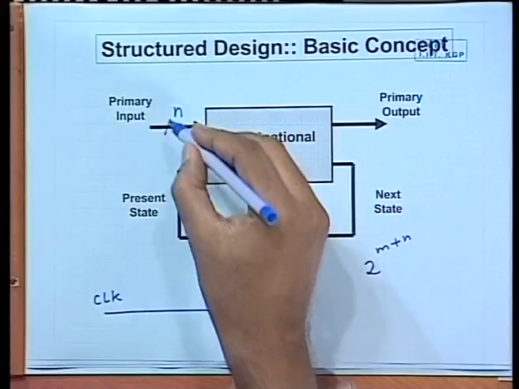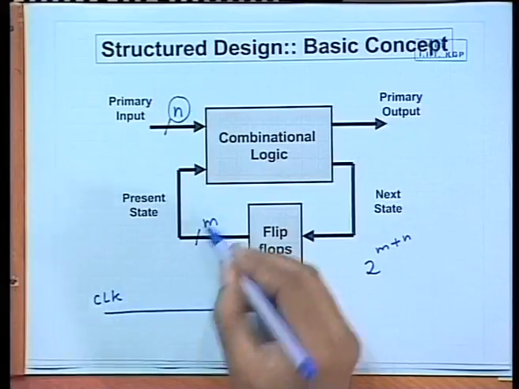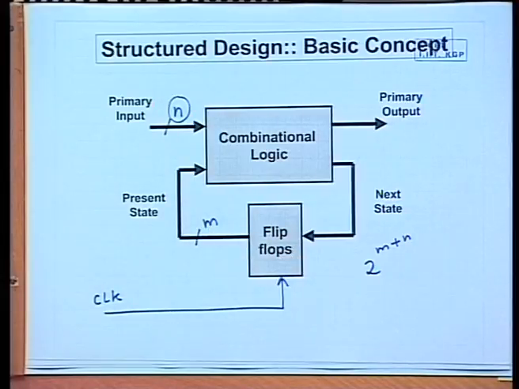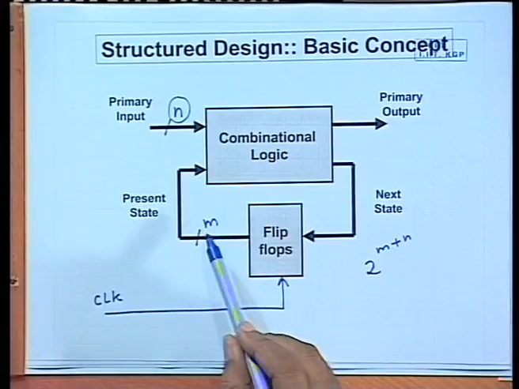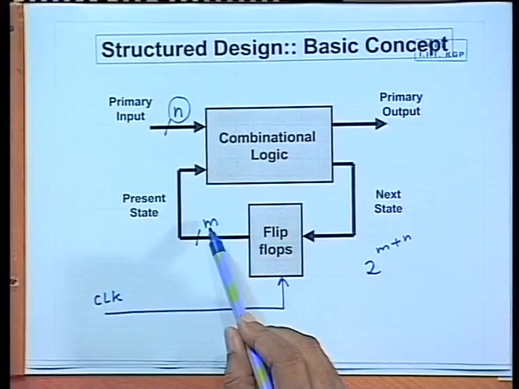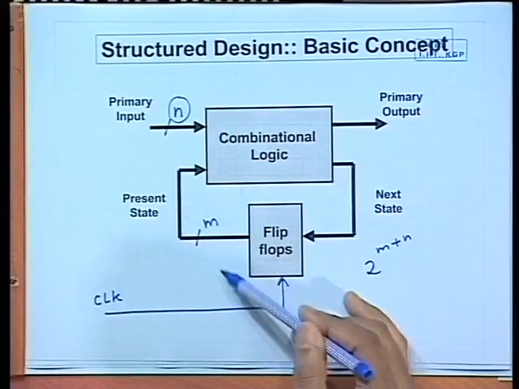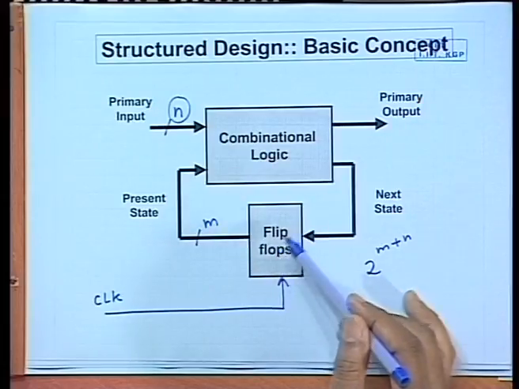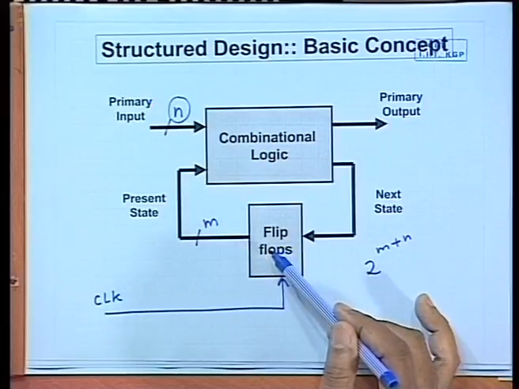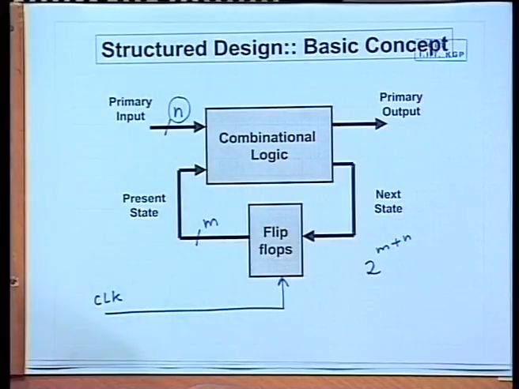Now, out of these, n inputs you can control directly, but the other m inputs you cannot control directly. This lends complexity to the problem, that how easy or how difficult it will be to control these flip flops will dictate the complexity of the total testing problem.